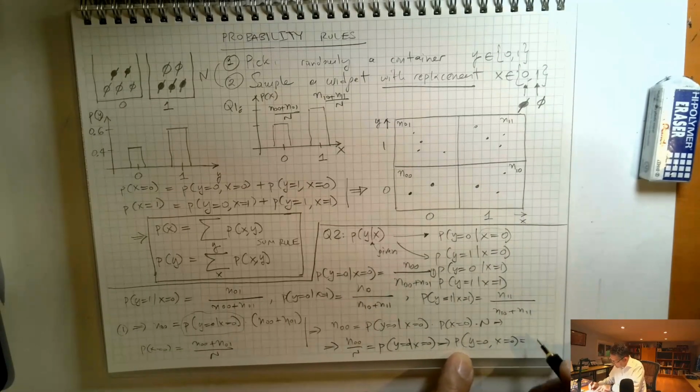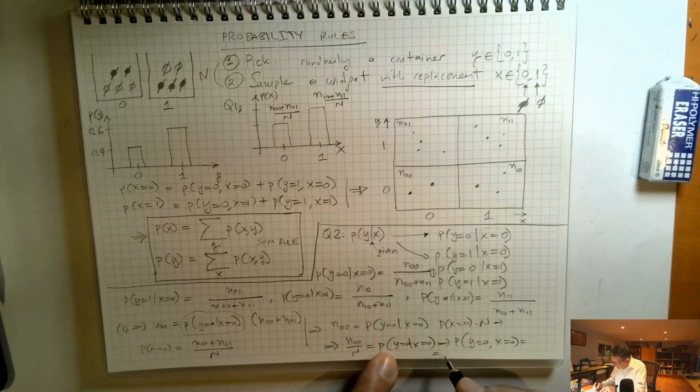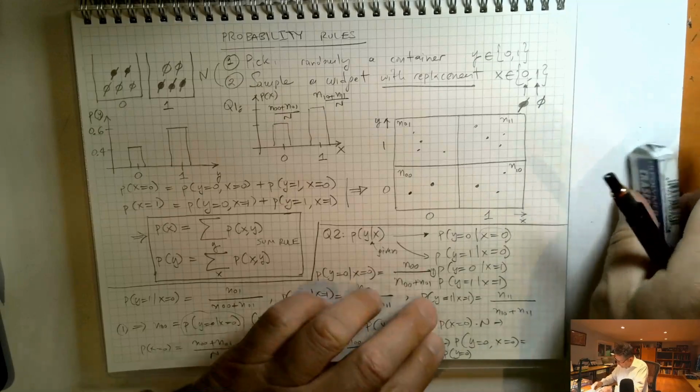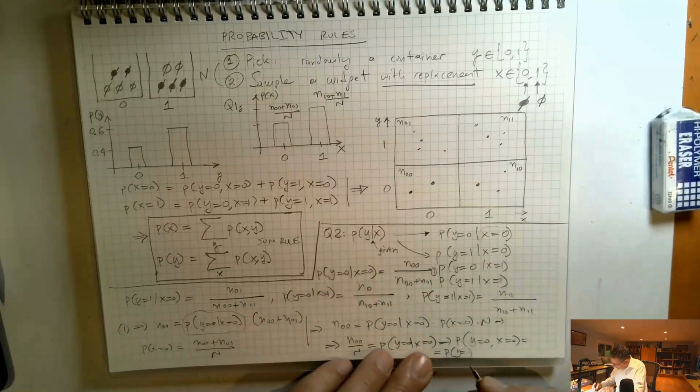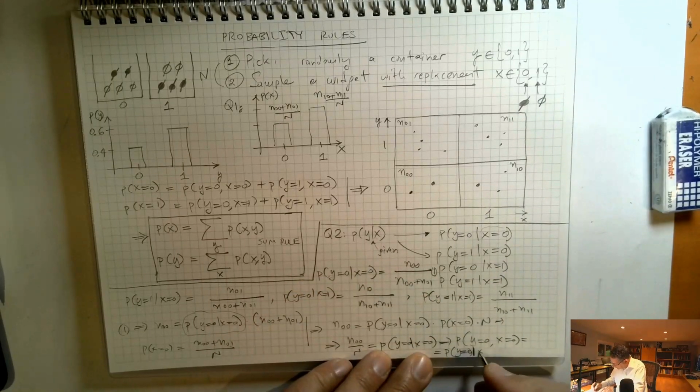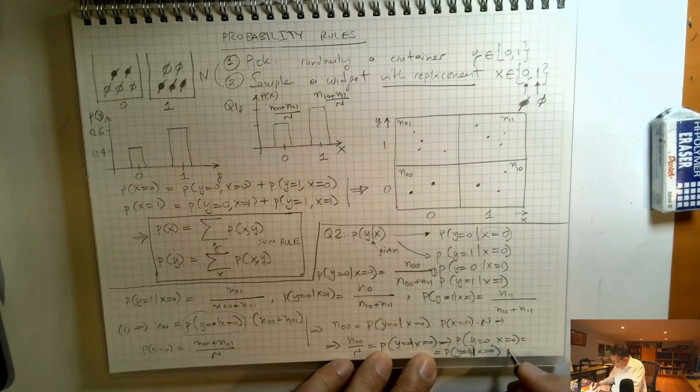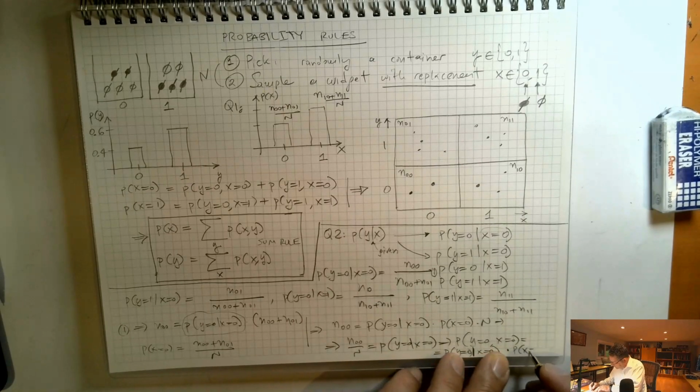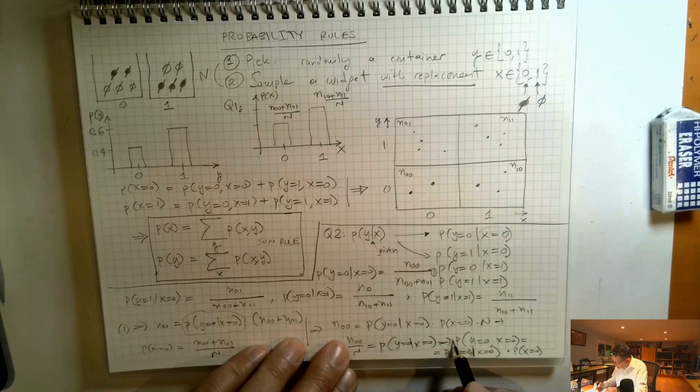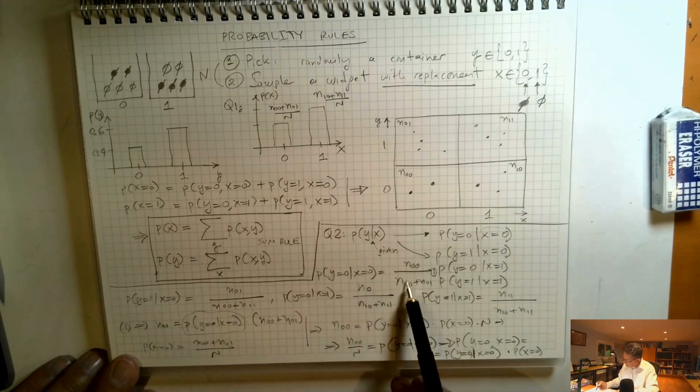And therefore, I just wrote it as a product of the conditional P of y = 0 given x = 0 times P of x = 0. So this is basically one expression I got out of the first equation over here.